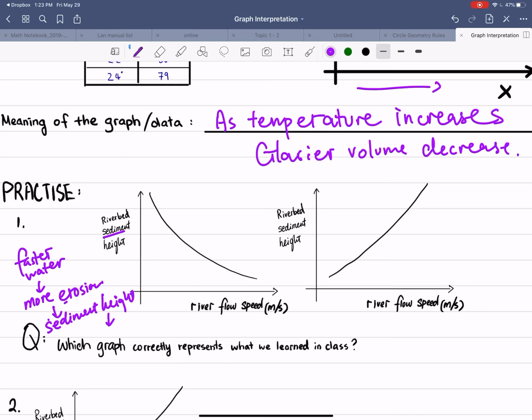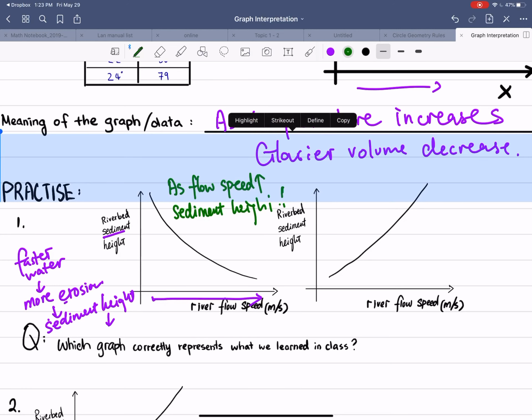According to that, from left to right, our river flow speed is increasing. So what happens to our y then? This graph, I'm just going to change the color here, is telling us as flow speed increases, sediment height is decreasing, which is the same as what we talked about.